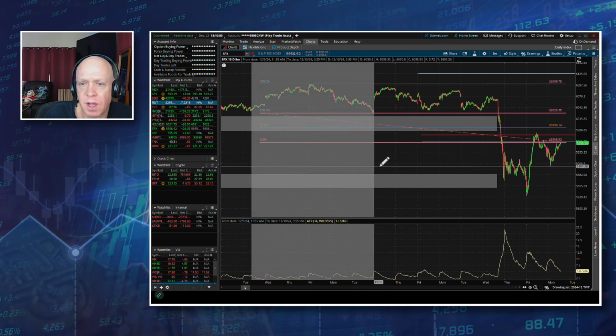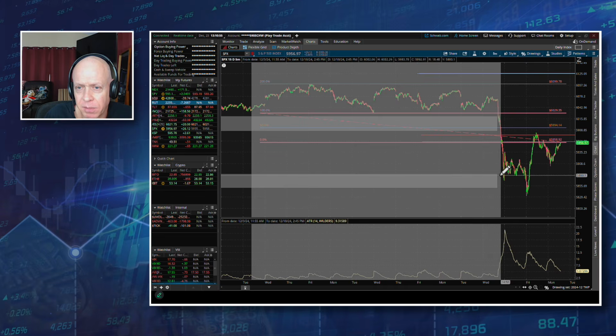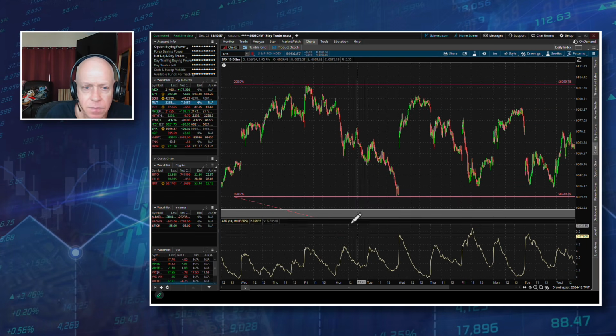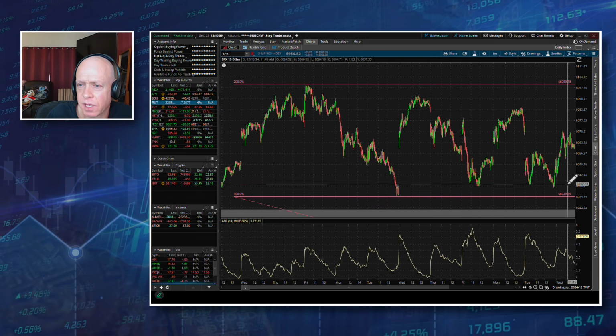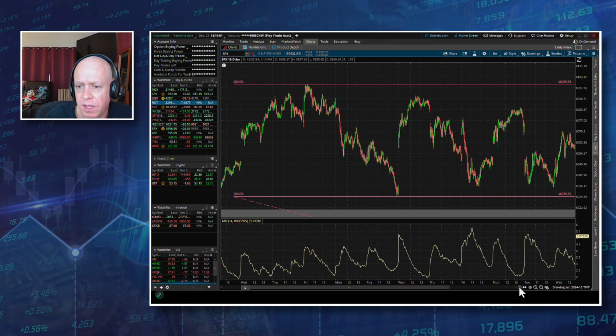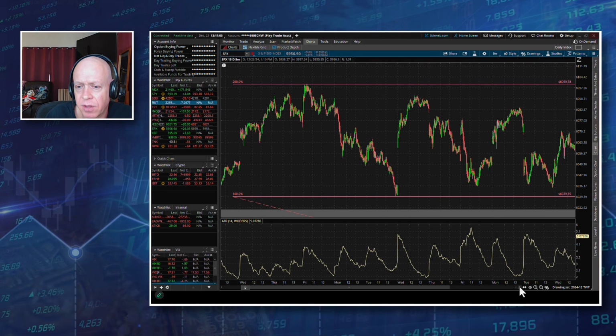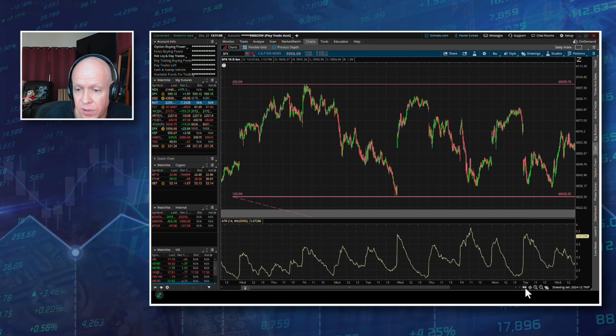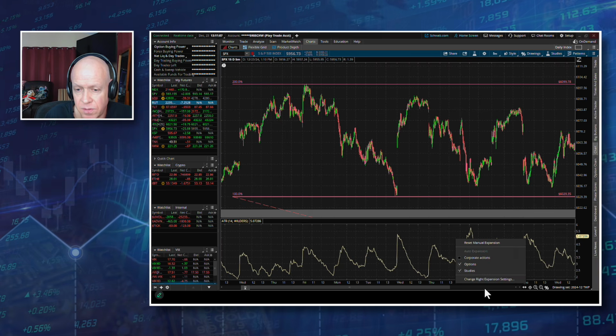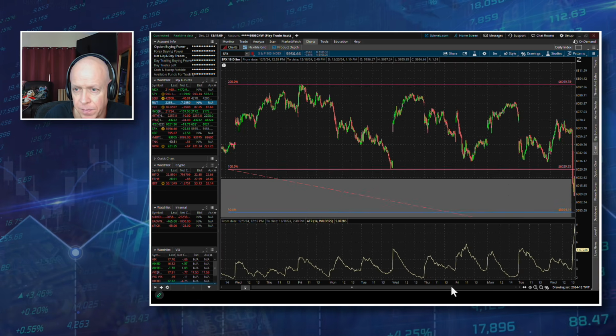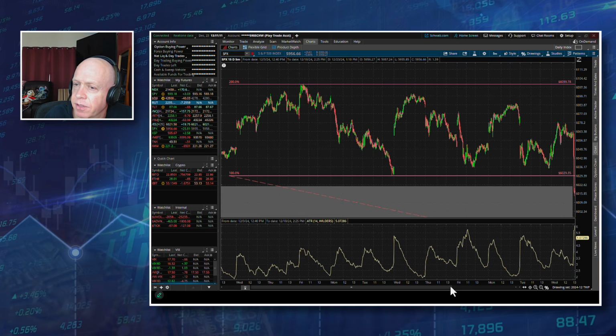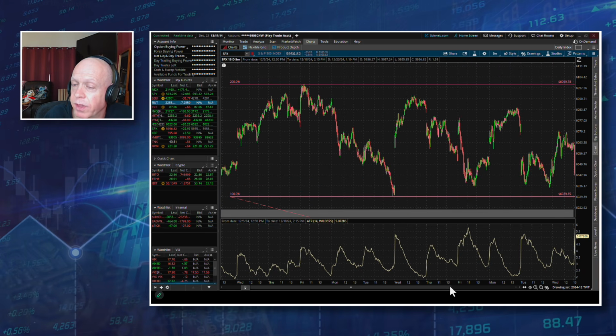So I'm looking at the price action coming into play here, right? And this is kind of what's happening. And then this is also tied in with a news announcement, right? This is not doing what I want it to do. This is also tied in with a news announcement.